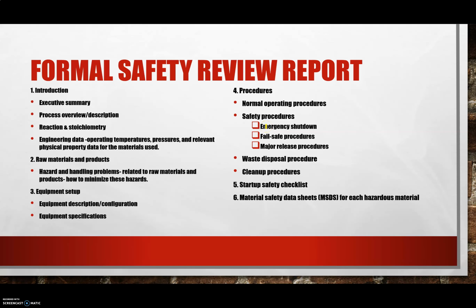Procedures usually consist of emergency shutdown, fail-safe procedures, and major release procedures. The safety review report also consists of waste disposal procedures and cleanup procedures. So basically the formal safety review is very comprehensive and prepared by experienced members.